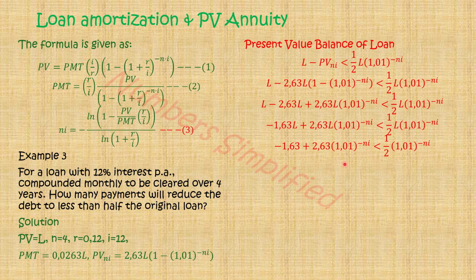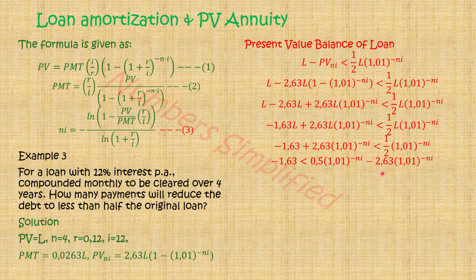Then of course the next thing would be to move all the terms with the power minus ni on one side. So I'm going to move the 2.63 times 1.01 raised to the power minus ni to the right hand side, so that we have a 0.5, because the 0.5 comes from the half. 0.5 times 1.01 raised to the power minus ni minus 2.63 times 1.01 to the power minus ni. That would be that.